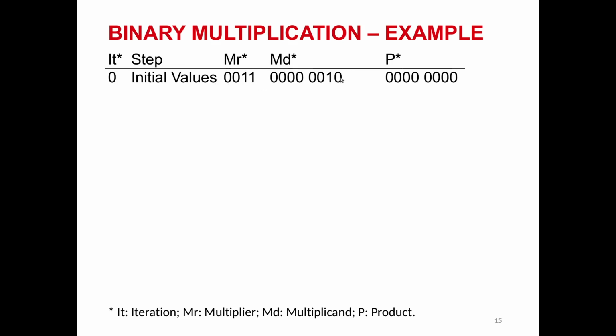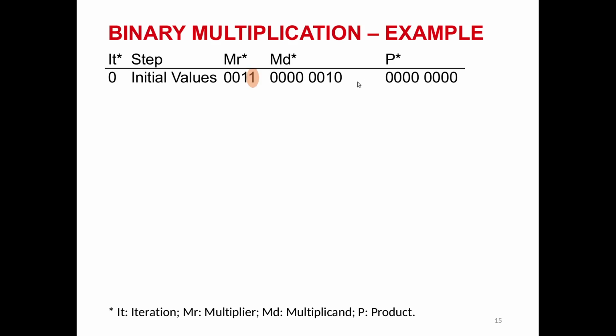Multiplicand will be 2, 0, 0, 1, 0 in binary. And we need to initialize the value of product to 0, or 0, 0, 0, 0, 0, 0, 0, 0 in binary.